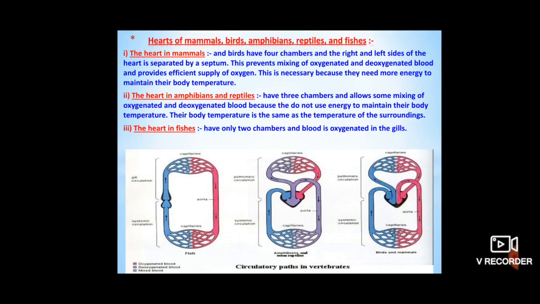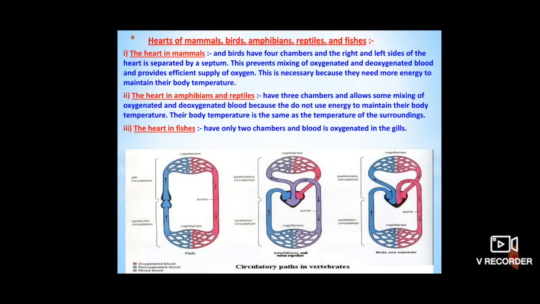Because of these reasons, mammals and birds require more energy to maintain sufficient body temperature and various metabolic activities inside the body. That's why they require more oxygen, and because of that it is necessary to separate deoxygenated and oxygenated blood in mammals and birds.